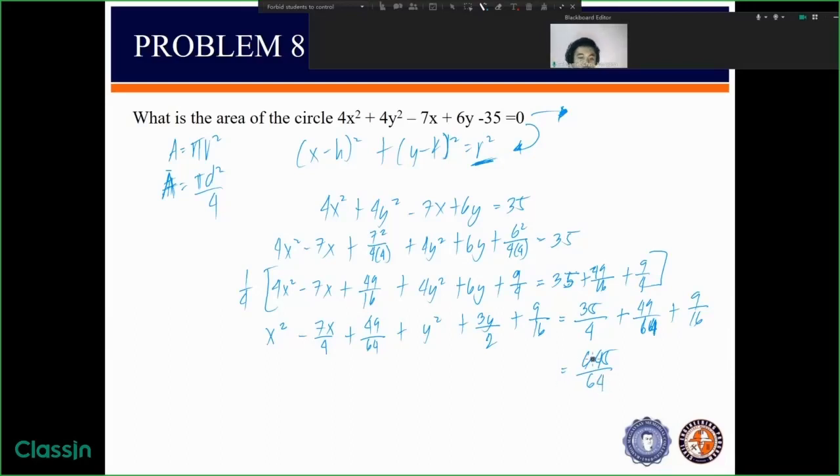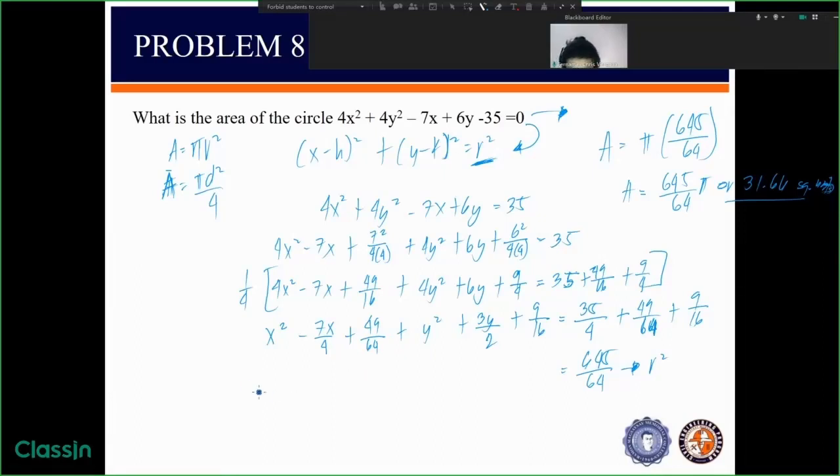Kung ako, hindi ko na ito kailangan i-continue pa. Kasi ito mismo yung magiging r squared ko. So, bale, yung area ko, magiging pi times r squared, 645 over 64. Pwedeng ganyan na. Yung r squared ko is ito na eh. So, yung magiging area is 645 over 64 pi, or this is equal to 31.66 square units.